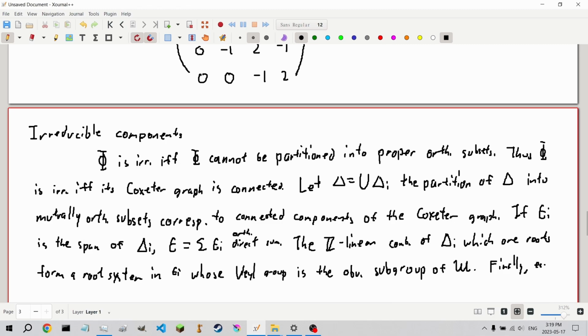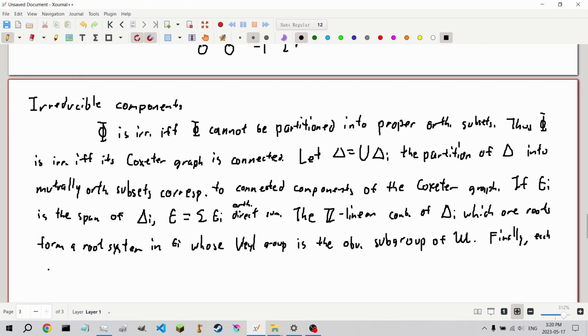Finally, each E i is Weyl invariant. Since alpha not being in phi i means the reflection of alpha acts trivially on E i, since it's going to be inside the hyperplane.